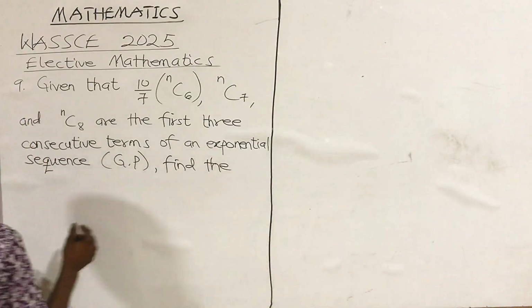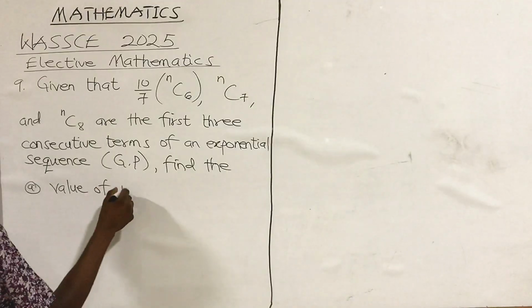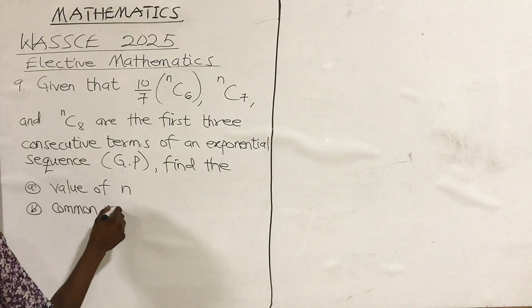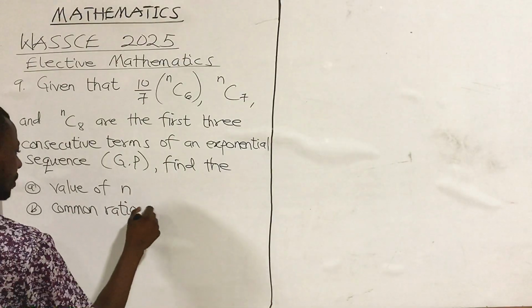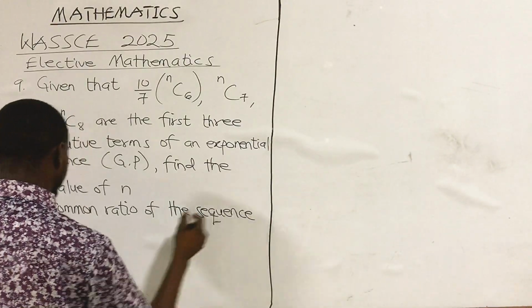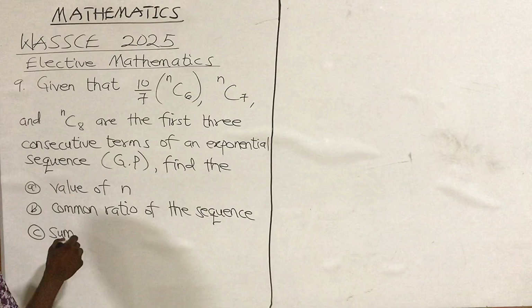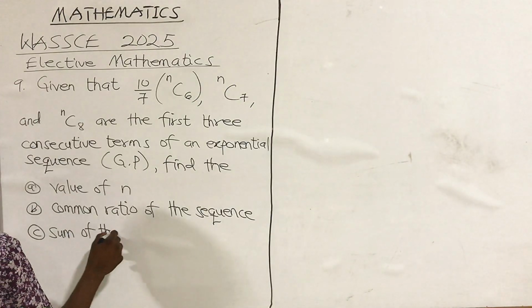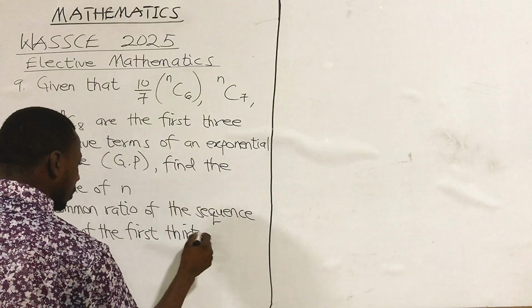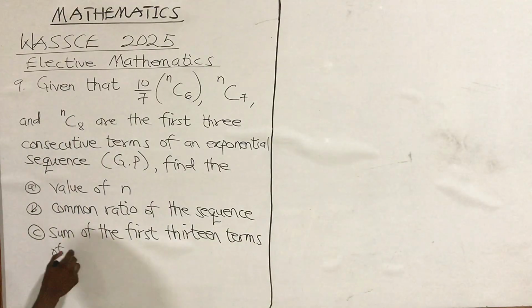Find: A, the value of n; B, the common ratio of the sequence; C, the sum of the first 13 terms of the sequence.